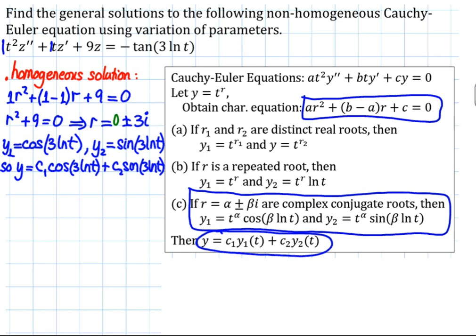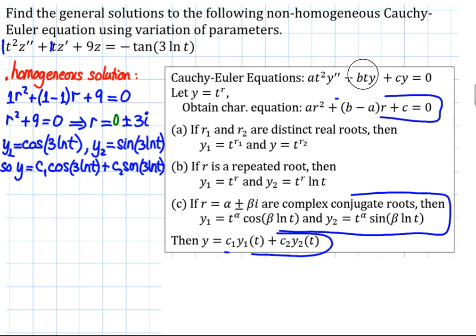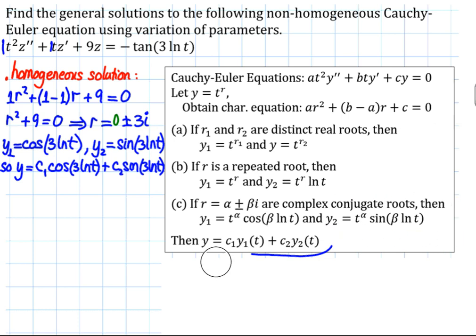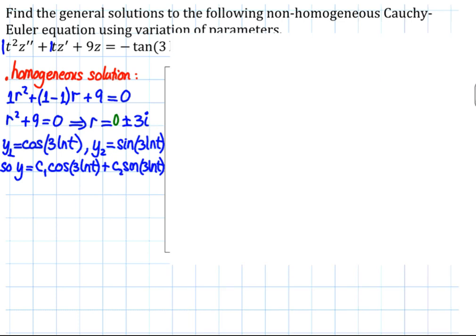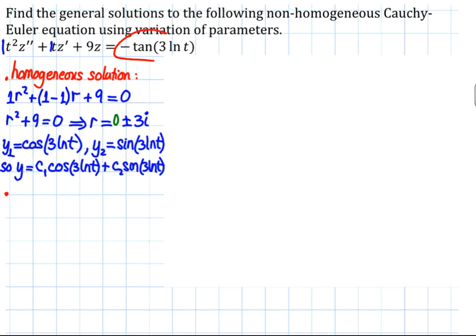Now we have the solution. I'm going to erase the formula because we need all the space we can get, and maybe even more than that. Now we continue. Next we will find the particular solution, because we have a non-homogeneous equation.